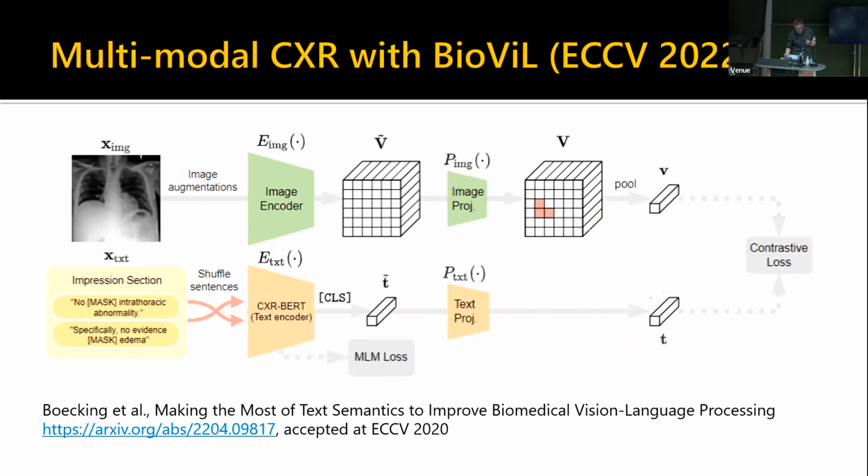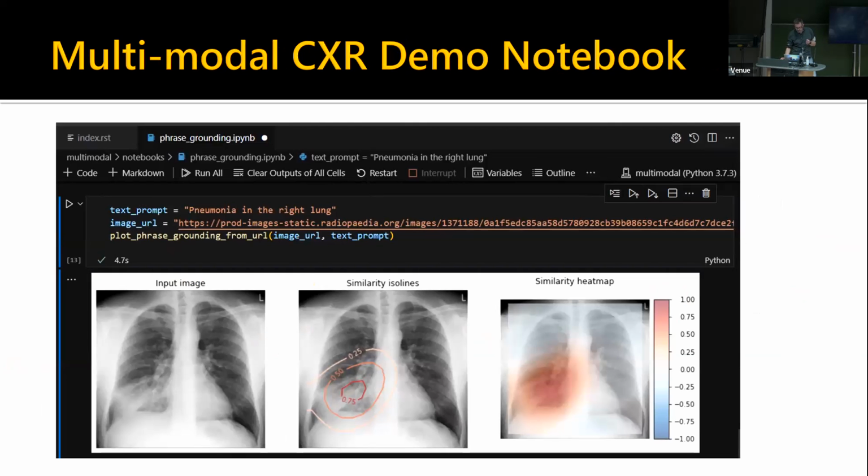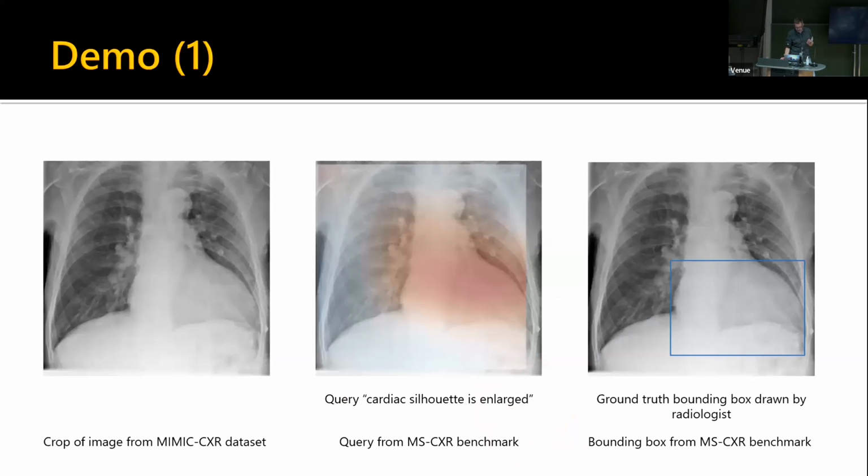An example notebook for that is also open sourced in our repository. So you feed in a text prompt, you feed in an image, and you get back a heat map effectively of text to image similarity. Example coming up on the next slide.